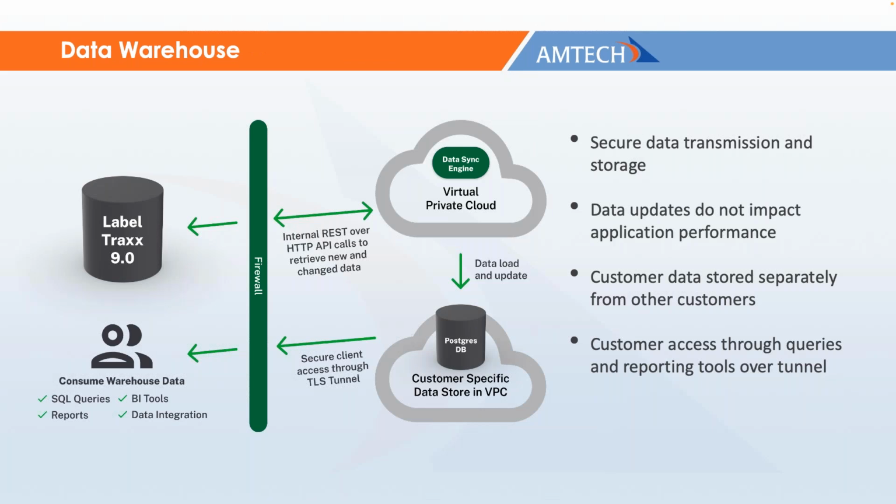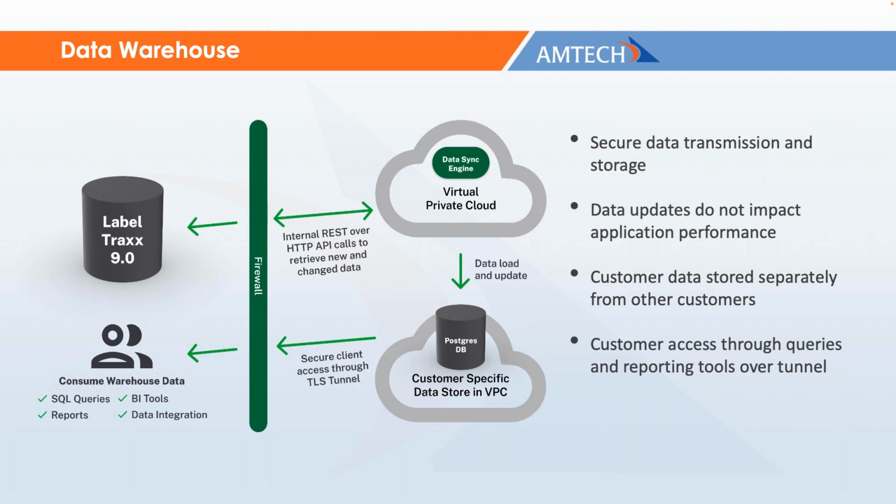The data warehouse works like this: there is a database in the cloud, a separate database for each customer. That database is loaded by an application that does synchronized private API calls through your firewall to your Label Traxx instance to gather continuous updates.